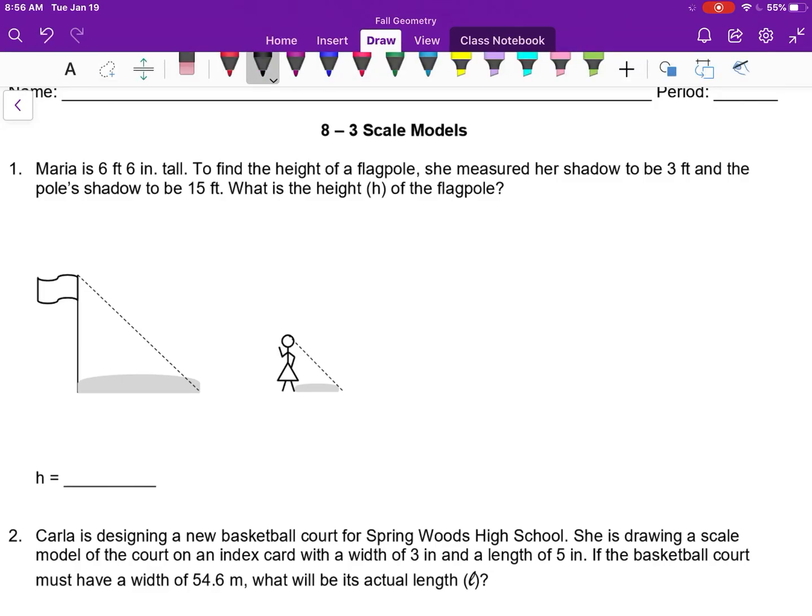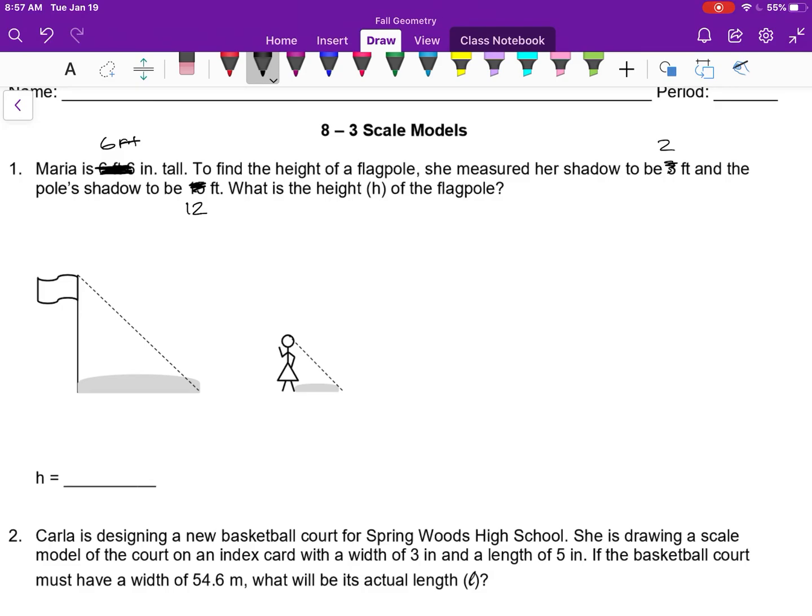I'll see if I can change the numbers on here so we can look at something a little bit different. So let's say Maria, we're going to make it up, is 6 feet tall. To find the height of a flagpole, she measured her shadow to be, we'll say, 2 feet, and the pole's shadow to be 12 feet.